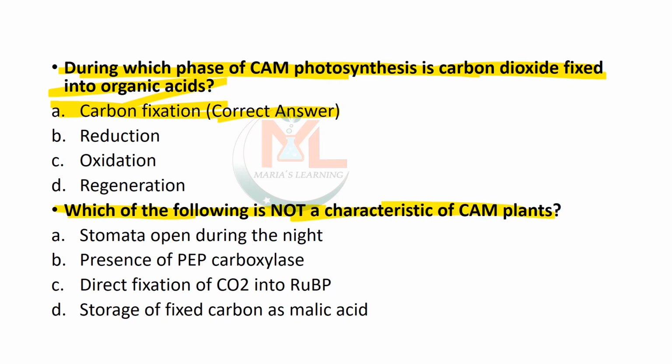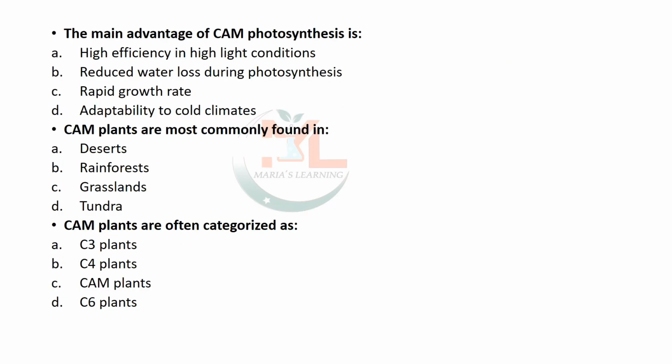And the right answer is option C, direct fixation of carbon dioxide into ribulose bisphosphate is not the characteristic of CAM plants. What is the main advantage of CAM photosynthesis? The right answer is option B, reduce water loss during photosynthesis.